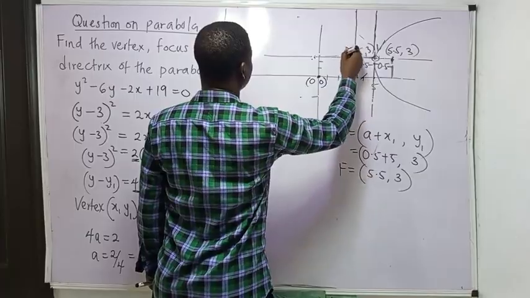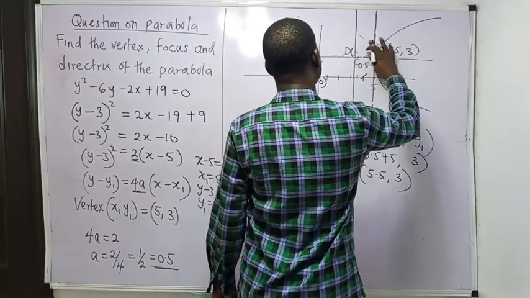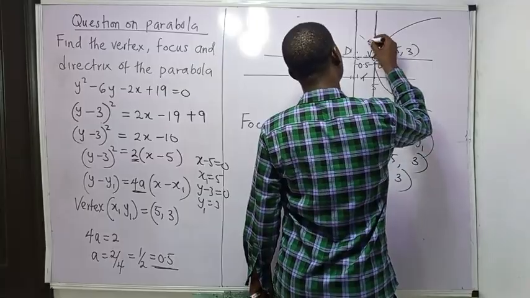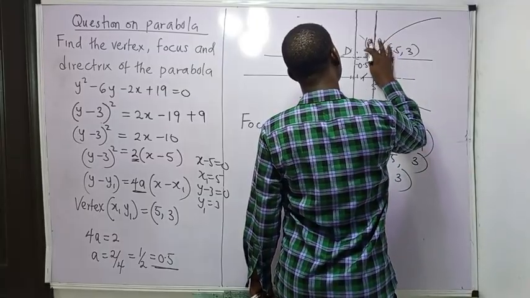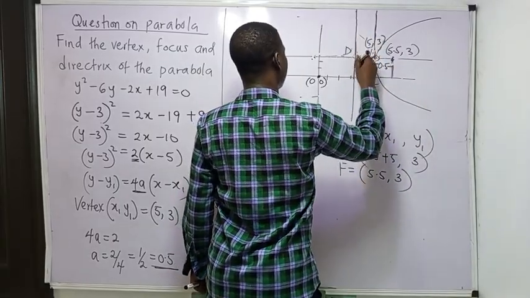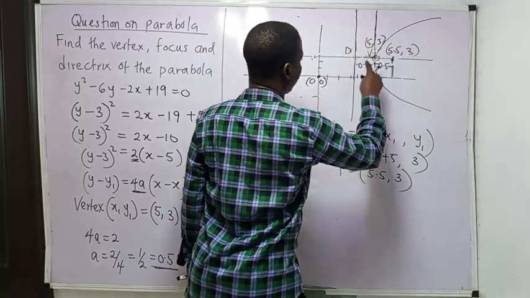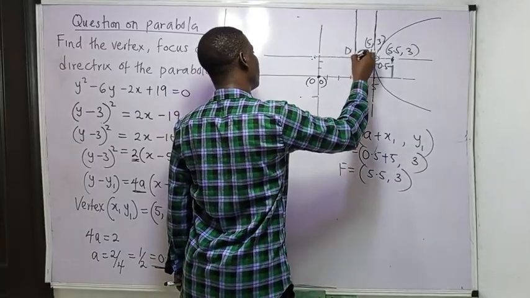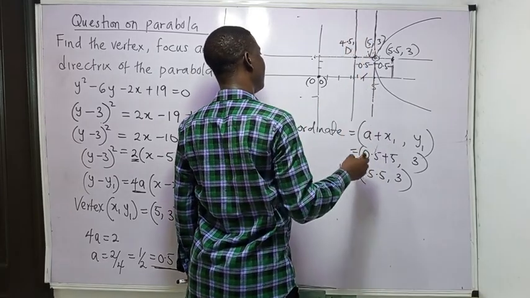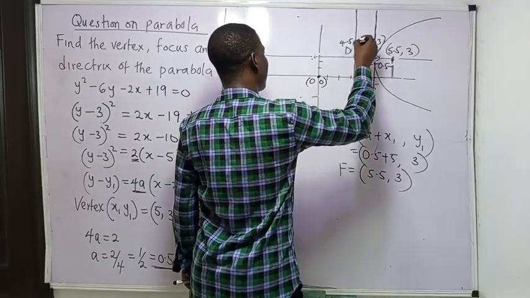And your directrix should be measured from the vertex. The vertex is what? This vertex is 5, 3. So from here to here will now be what? 4.5, comma 3.